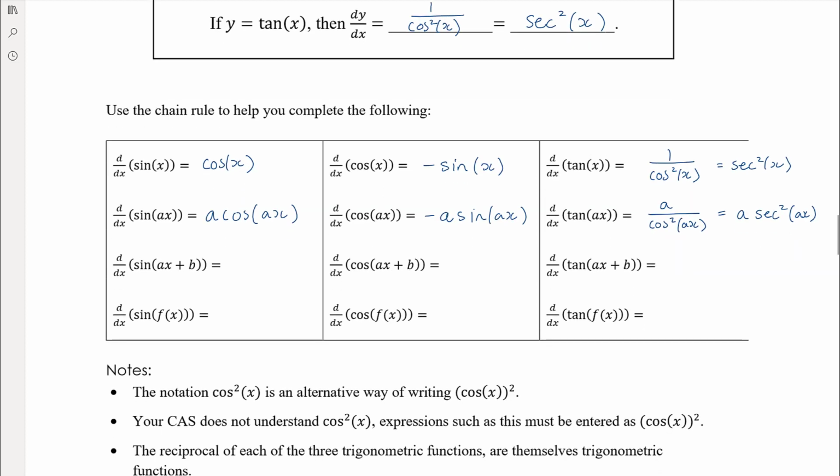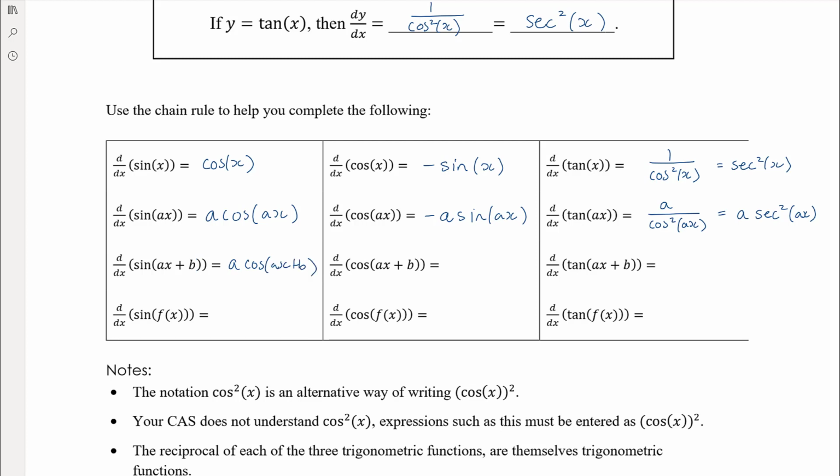Okay, if we have ax plus b in the functions, so sine of ax plus b, again thinking about chain rule, cover up your inside. So the derivative of sine of something is cos of that something. And then you're going to need to multiply by the derivative of the inside, the derivative of what I've got highlighted in blue there, which is a. So we're going to write this as a times cos of ax plus b.